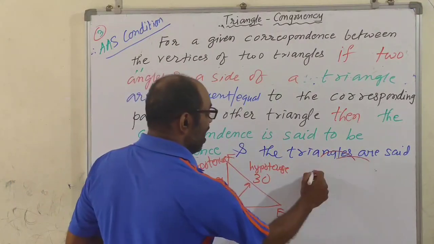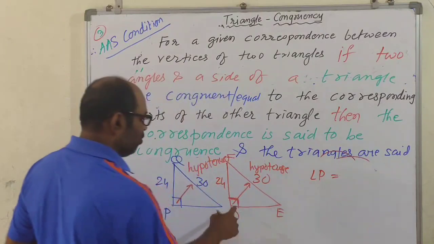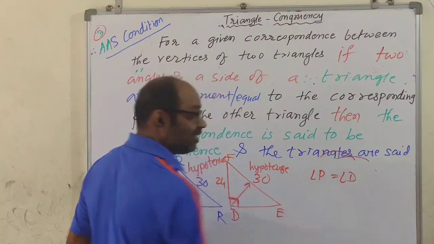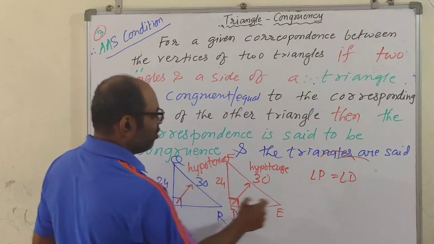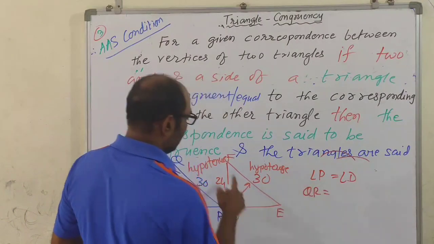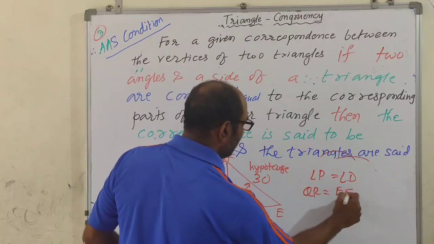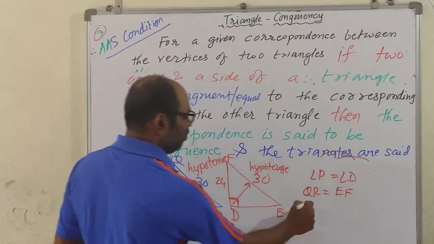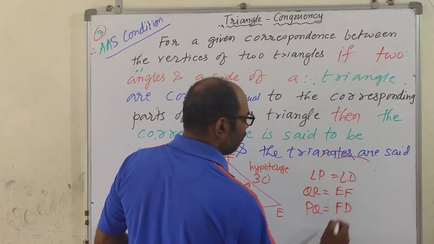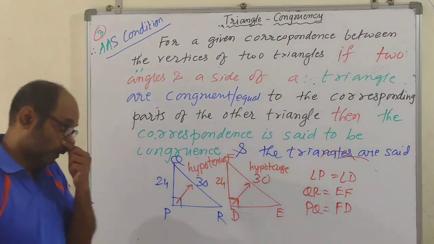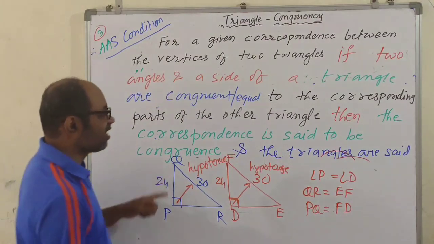Okay. Angle P is equal to angle D. Correct? They are congruent. QR is equal to EF, and PQ is equal to FD. Yes, DF. Children, this is the right angle.